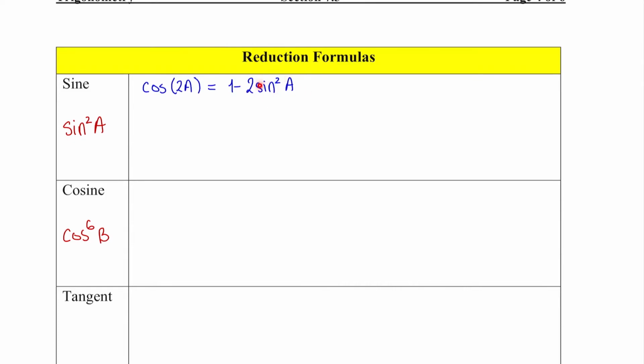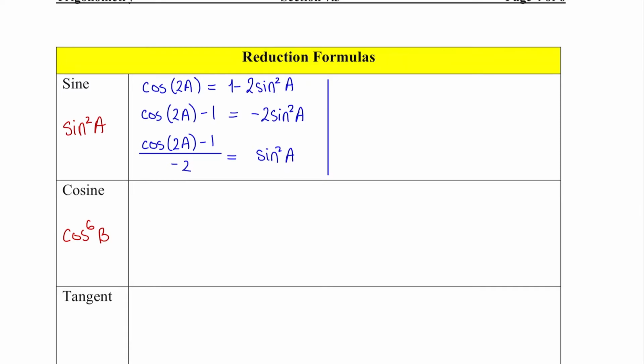From here, if I solve for sine square a, I would just subtract 1 from both sides first. So I have cosine of 2a minus 1 equals negative 2 sine square a. And then I divide both sides by negative 2. I have cosine of 2a minus 1 over negative 2.